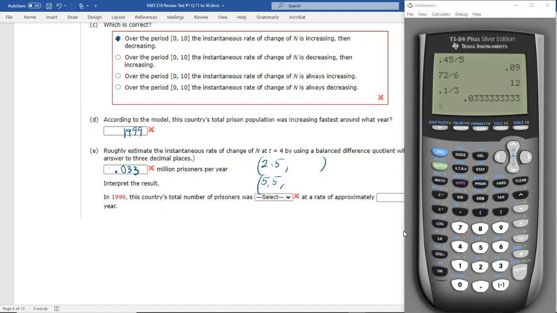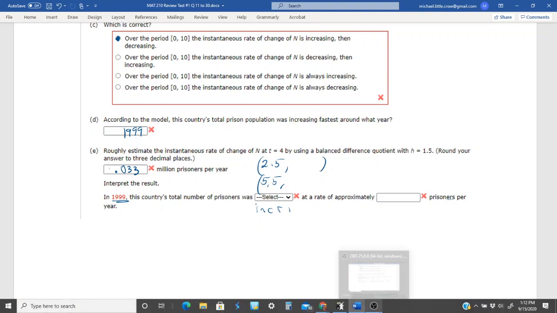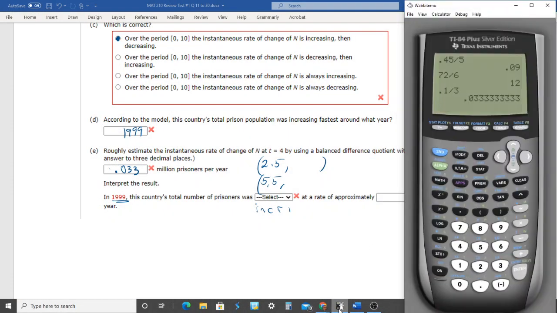In 1999, this country's total prison population was increasing, and see, they gave us the answer. They wanted it to be 4. We're increasing at approximately. Now this one they changed to prisoners per year, so we do have to multiply that times the million. So it's kind of back and forth.